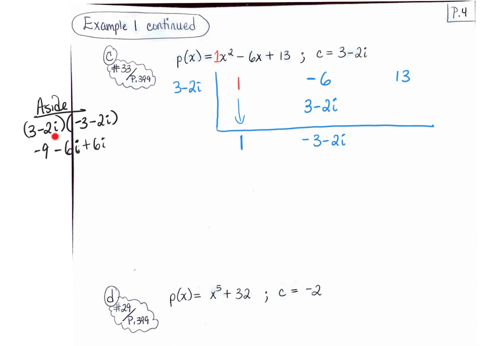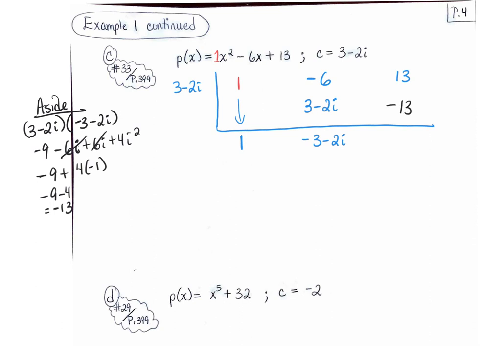And then -2i times -2i is a +4i squared. Notice that your middle terms cancel out, and you get -9 plus 4 times -1. Well, that's -9 minus 4, which is -13.